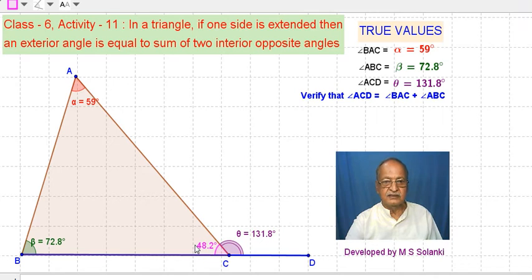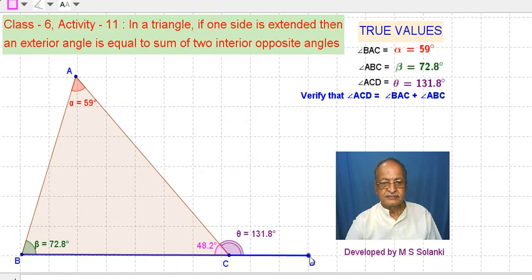If you write on paper, this plus this is equal to 180 degrees, this plus this is equal to 180 degrees. So alpha plus beta plus this angle is equal to 180, and this angle plus this angle is 180 degrees. This will get cancelled, and we can see that the exterior angle is equal to the sum of the two interior opposite angles.